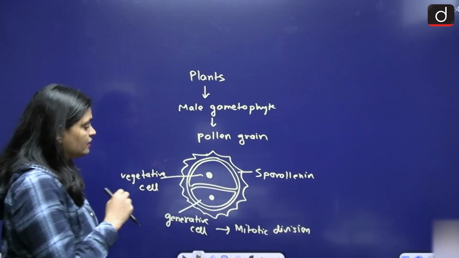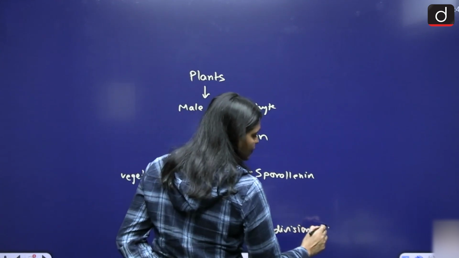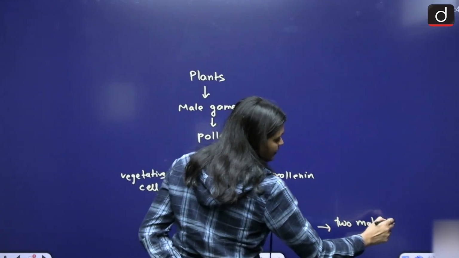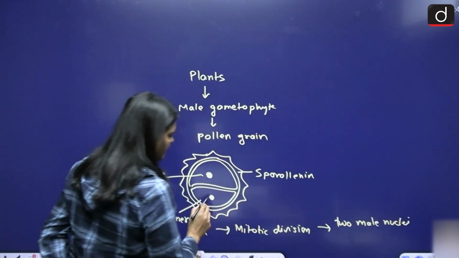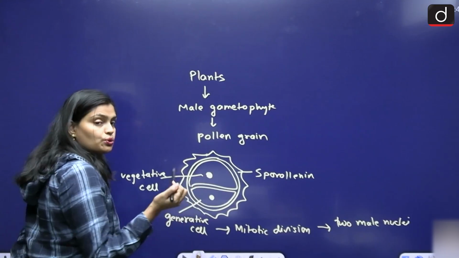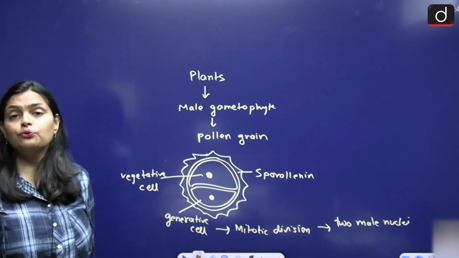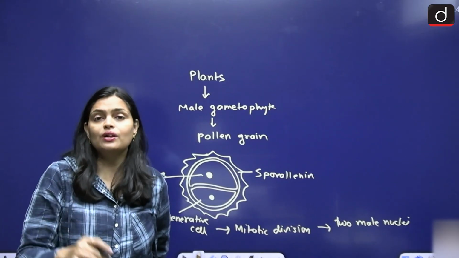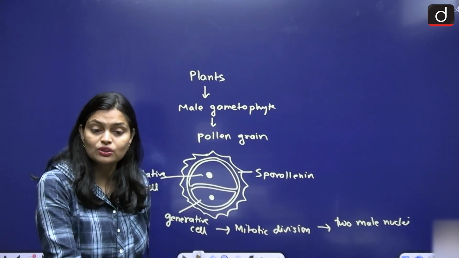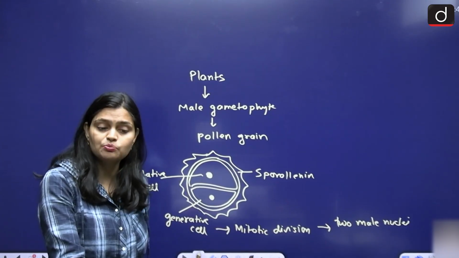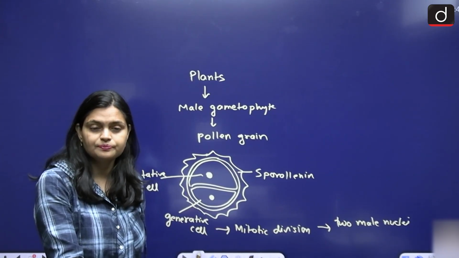So when the generative cell undergoes mitotic division, you get 2 male nuclei, or 2 sperm nuclei. So where does meiosis take place within the plant?